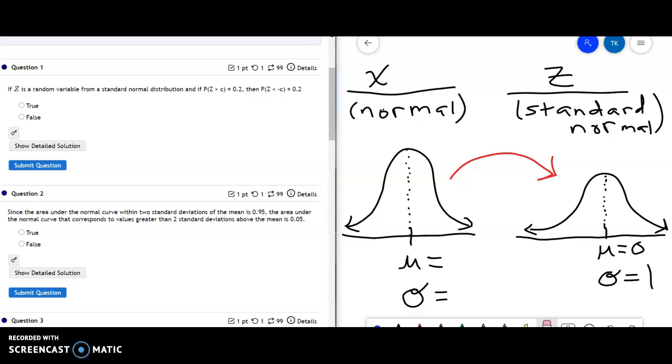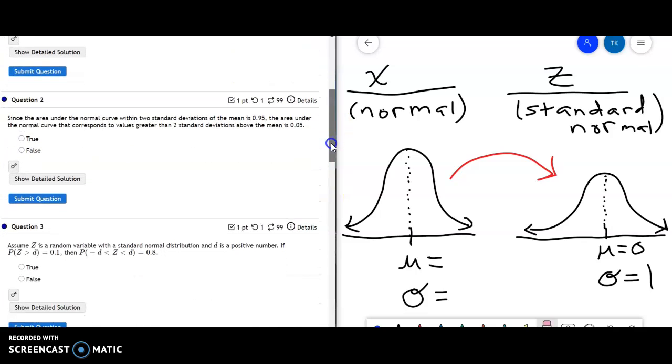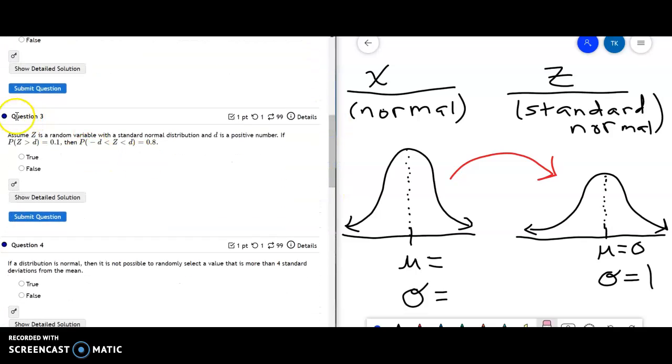Now they talk about this c value. So just like in problem 1, if you scroll down and look at problem 3, very similar. We're talking about a z-curve, and it's talking about this z value being stuck in between negative d and d.